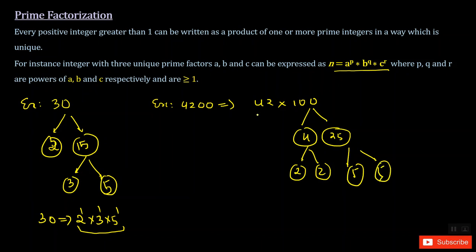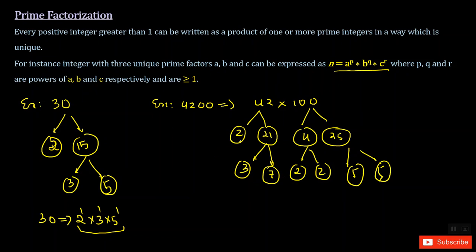Now factorize the 42 here: divide by 2, so 42 gives you 21. How has 21 been made? It's basically 3 times 7, right? So these all are the factors of 4200. Then how many times is 2 appearing in this entire thing?